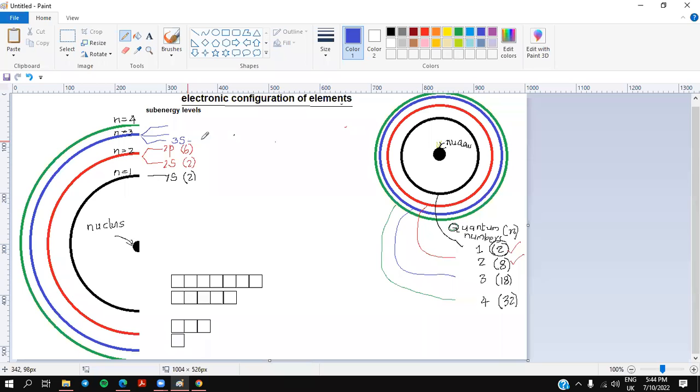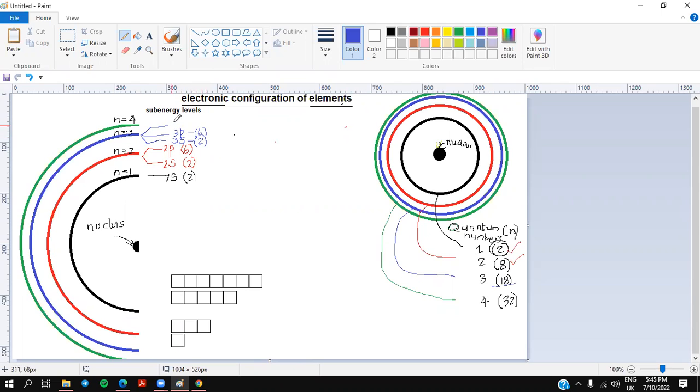There are only 2 electrons. What is the maximum electron number in the third energy level? Which is 18. Now 18 is going to divide among these 3 sub-energy levels. After 3s, we have 3p. We know the p subshell can have 6 electrons. So 3p has 6 electrons.